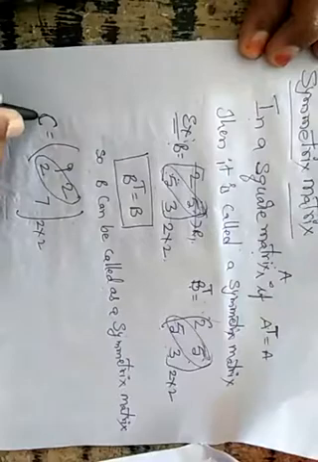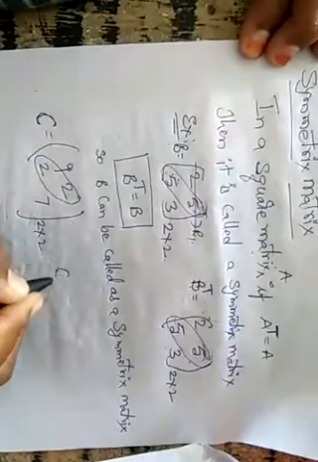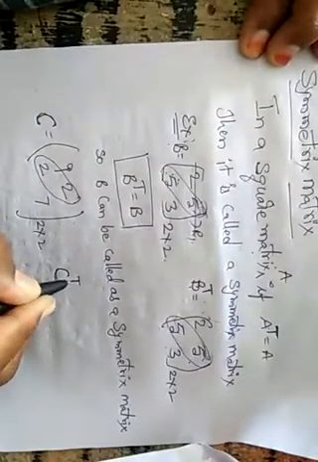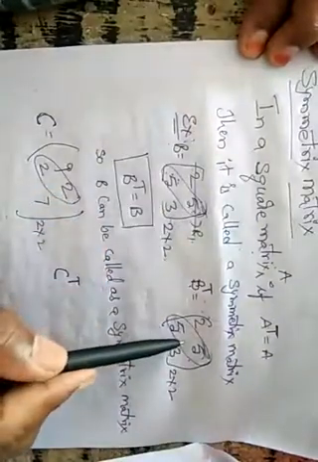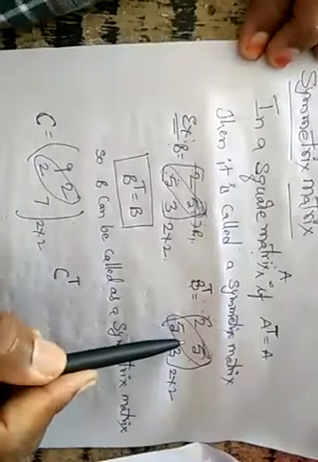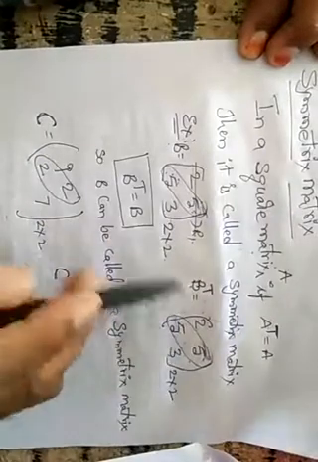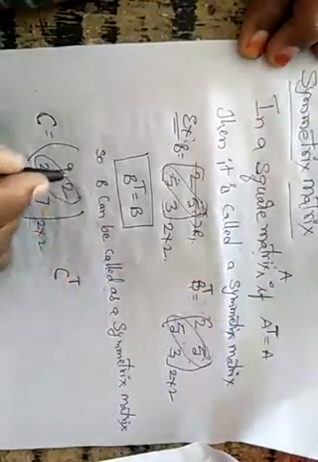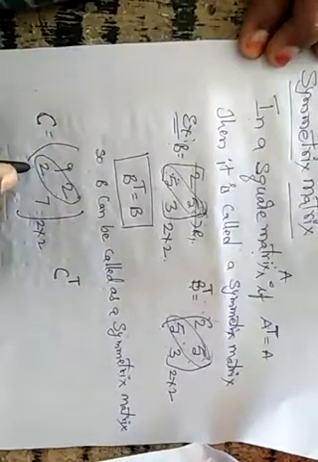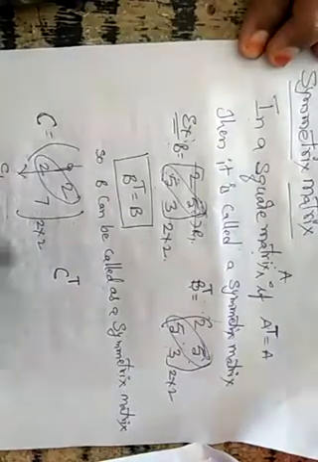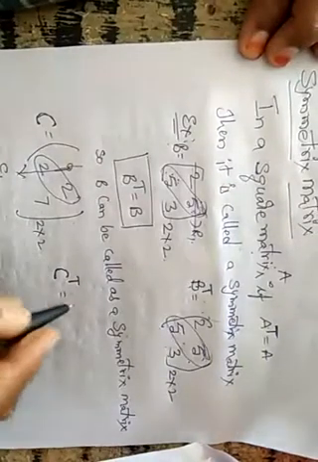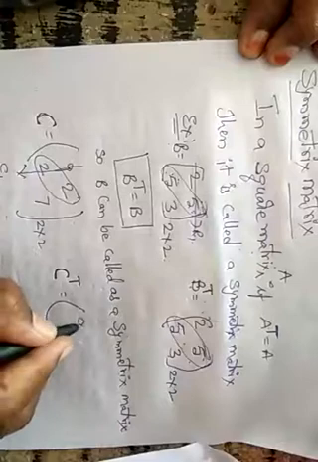Now I will write C transpose. In the last example, I converted rows into columns. Now I would like to convert columns into rows. Column 1 I write as row 1.